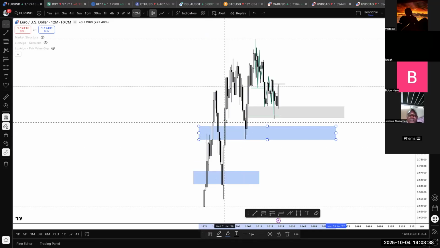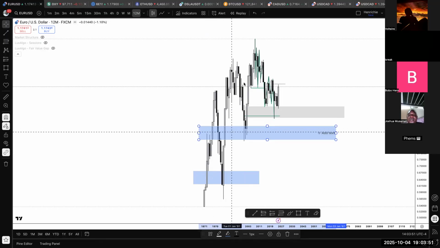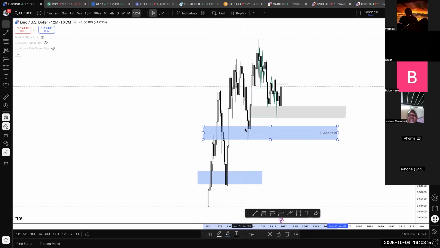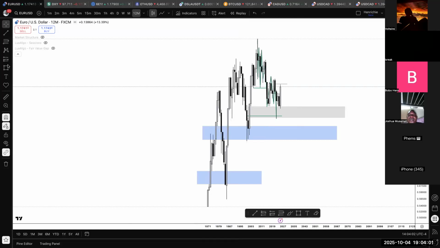Now, if price comes into this position, to me, it's a high probability area for buys. The reason is because there's an inefficiency here, and then there's this inverse fair value gap behind. So that is multiple confirmations that price will probably come down into this position and use it as support for a continuation to the upside. Is that making sense?